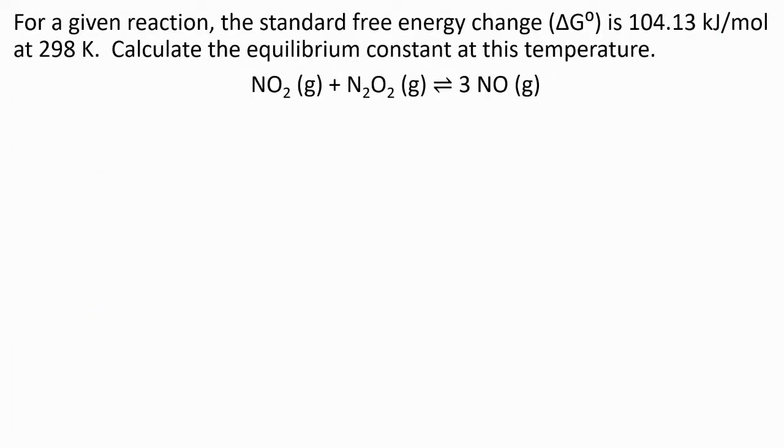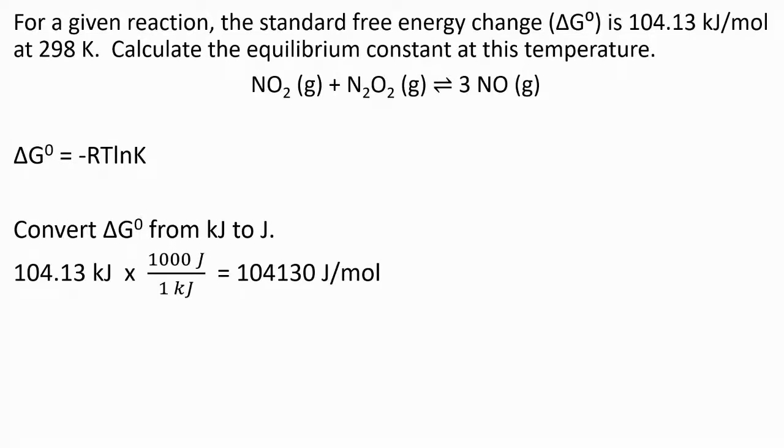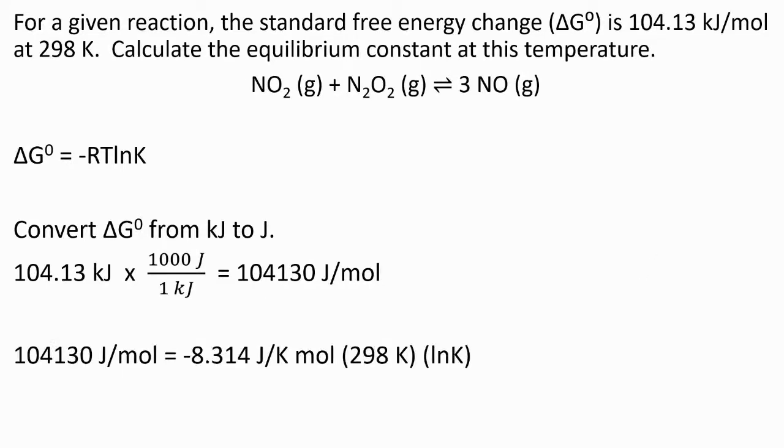All right, so let's look at this. Here we have a delta G prime of 104.13 kilojoules, and our temperature is still 298. So let's calculate the equilibrium constant for this reaction at 298 Kelvin. Again, we're going to convert delta G from kilojoules into joules. Then we're just going to plug in our values.